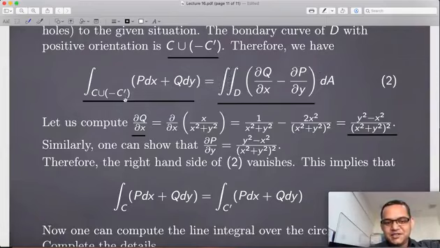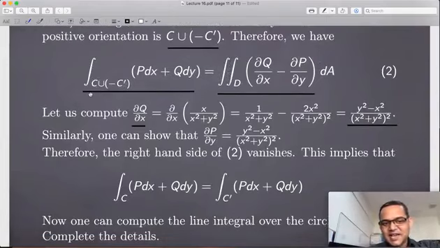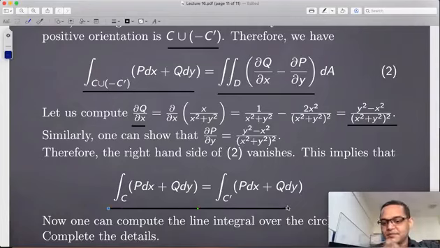Now if you have 0, that means this line integral, which is basically two line integrals, one over C and one over minus C prime. When I convert minus C prime to C prime, there is going to be a minus sign. So you take it to the right, and you get this.